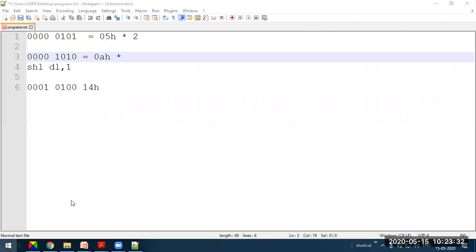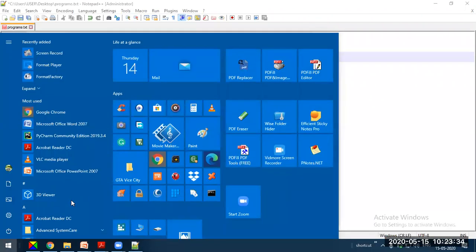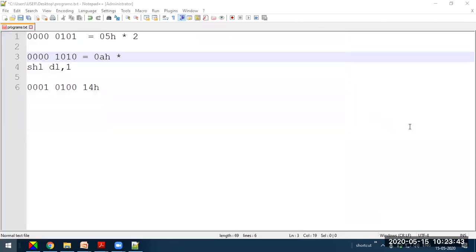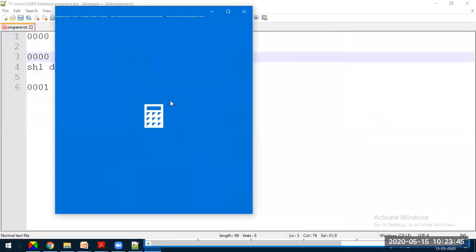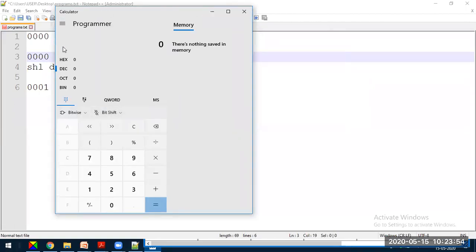Let me quickly calculate the hexadecimal multiplication to understand the shift operation and its application.